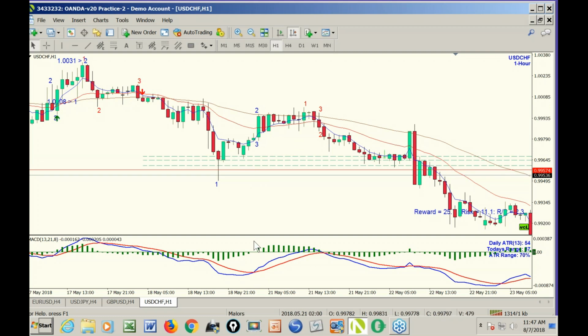But you see how close it is to the horizontal line that you put in? Yeah, I mean, it's not really a big swing point. It's sort of on the same level as the other one. I mean, you're on an hour chart. It's only pips difference. So you have to ask yourself, is that a legitimate point? Is that a legitimate extreme?